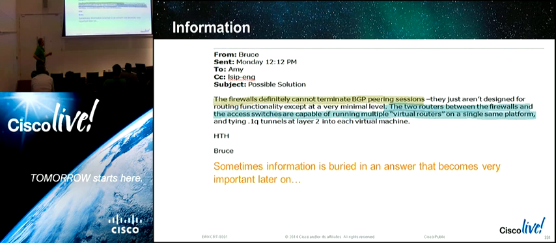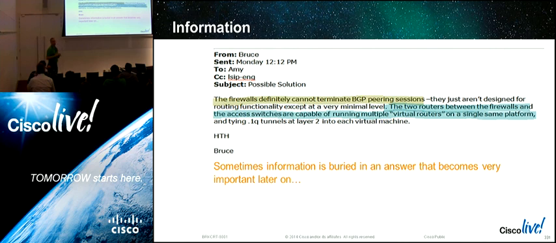But what did we learn? We also learned something more than what we wanted to know. We learned that those routers can run virtual routers, and you can tie .1Qs together. That tells me how I'm going to both move my BGP session and how I'm going to do that traffic separation that I need to complete, because I know I can do .1Q tunnels on the firewall. We heard that earlier.